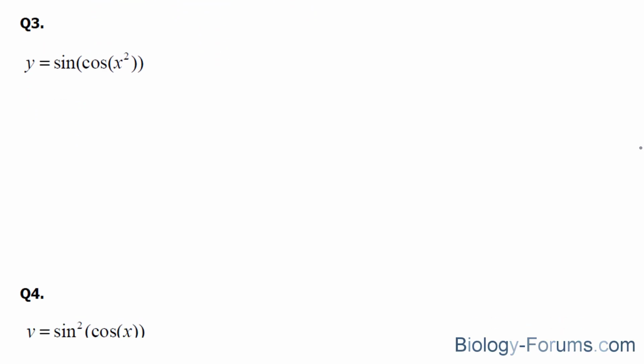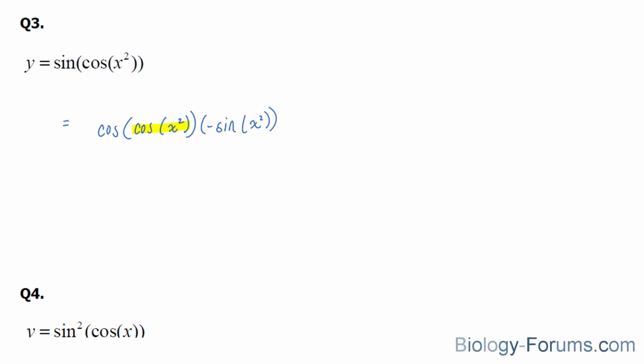Here we'll use the chain rule exclusively. The derivative of sine is cosine, and we'll leave this part the same. And the next thing we'll do is find the derivative of this. The derivative of that is equal to negative sine x squared.